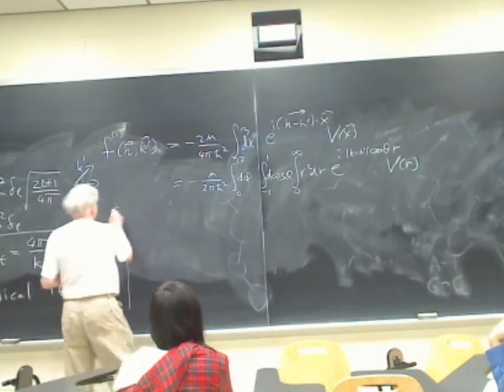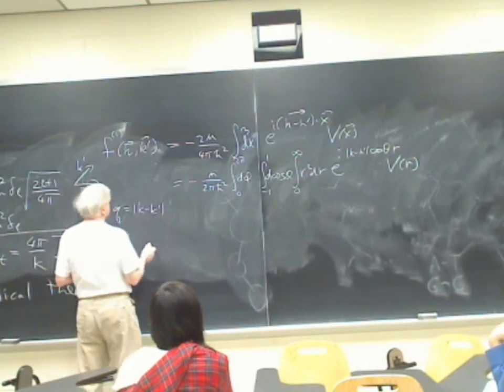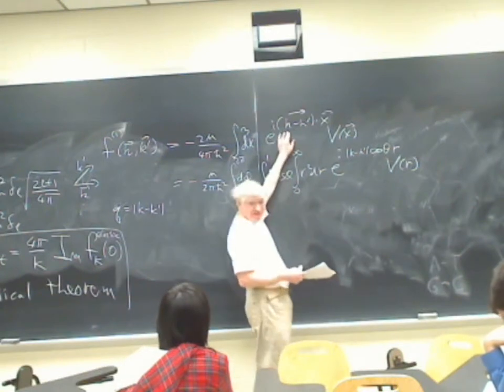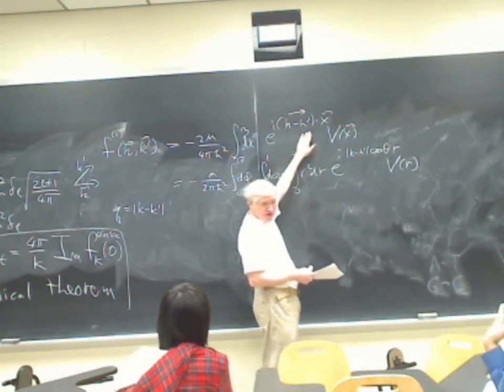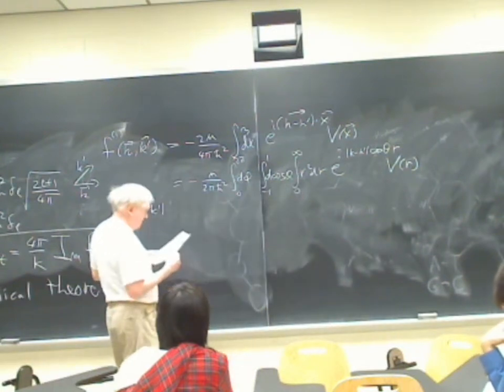And let me write Q as the absolute value of this thing, K minus K prime. It's called the momentum transfer. In other words, the original momentum is K, the final momentum is K prime, so the difference between the two is the momentum transfer.